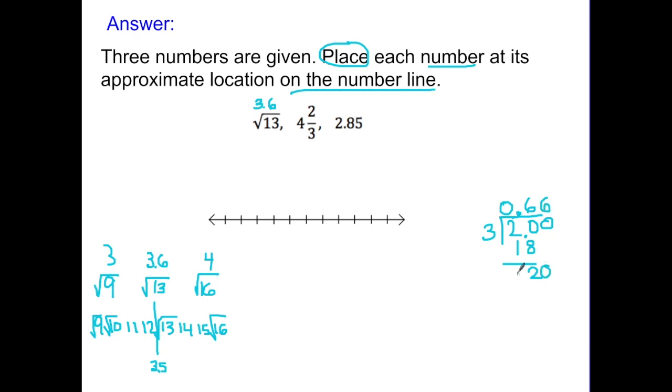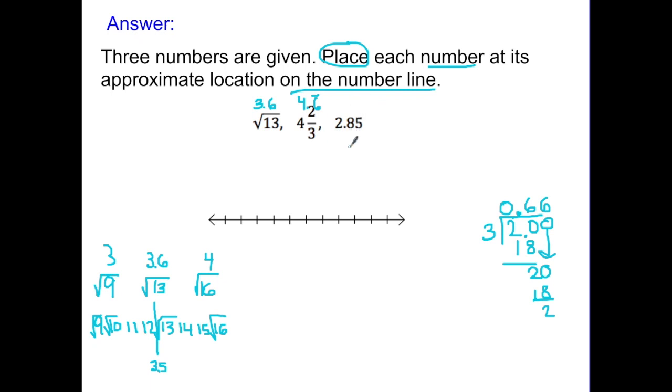So we are repeating a 6 as our decimal. So 4 and 2/3 is 4.6, but the 6 is repeating. And then 2.85, or 2 and 85 hundredths, is already a decimal, so we can leave it there.